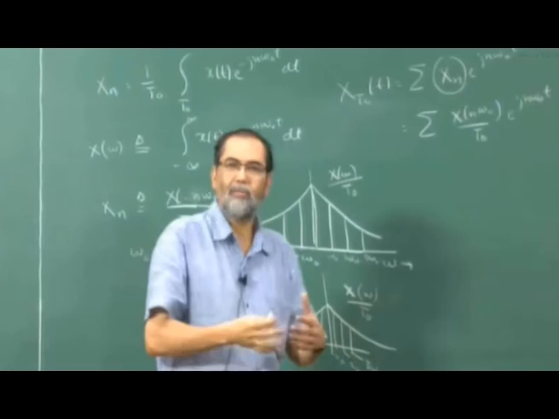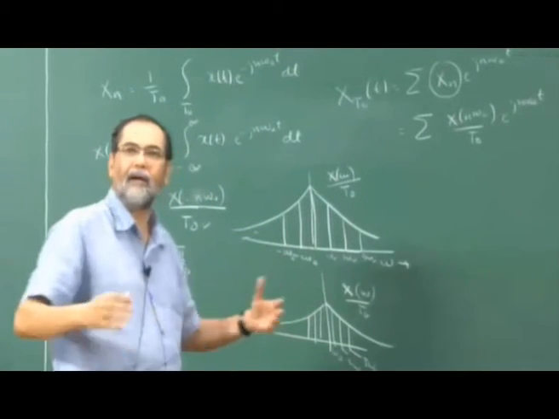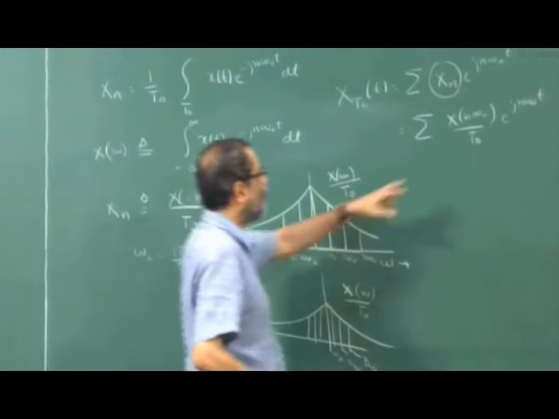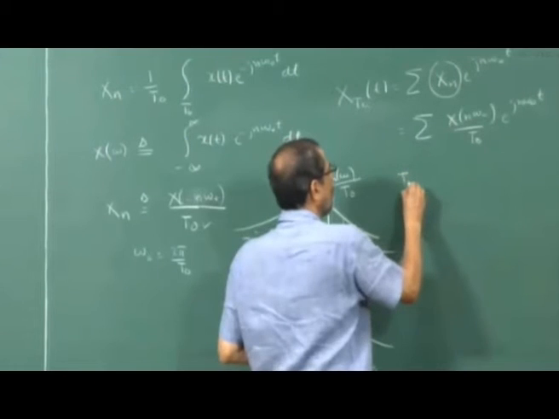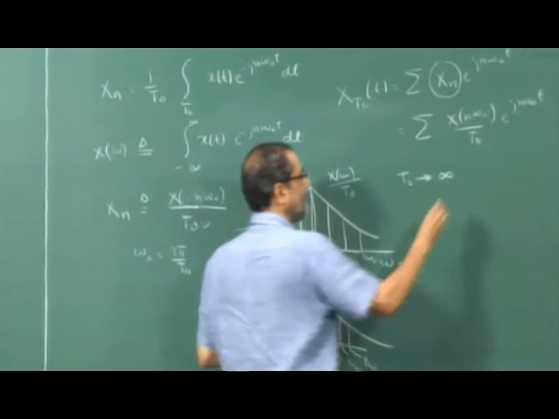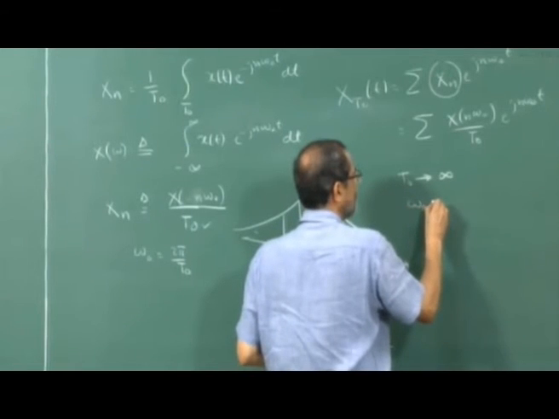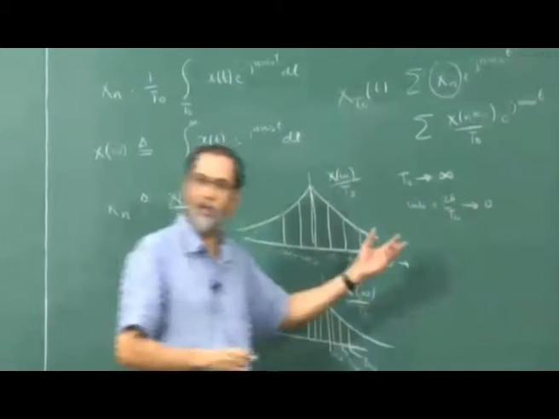Now you apply the limits, go on doubling T naught. If you go on doubling T naught, T naught will approach infinity, and omega naught, which is 2 pi by T naught, will approach 0, because T naught occurs in the denominator.